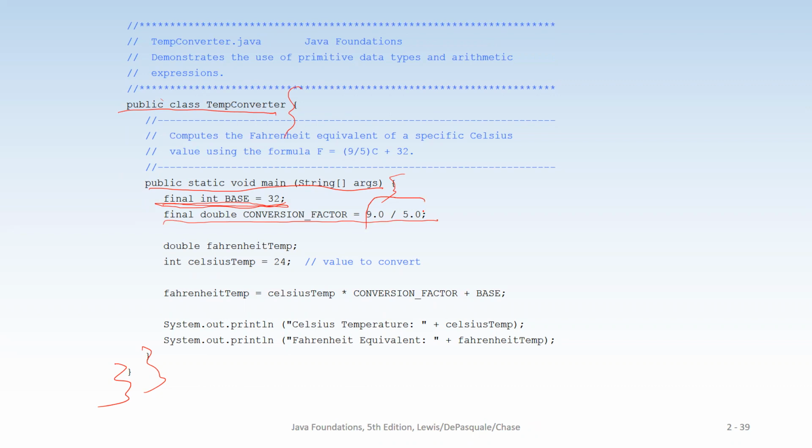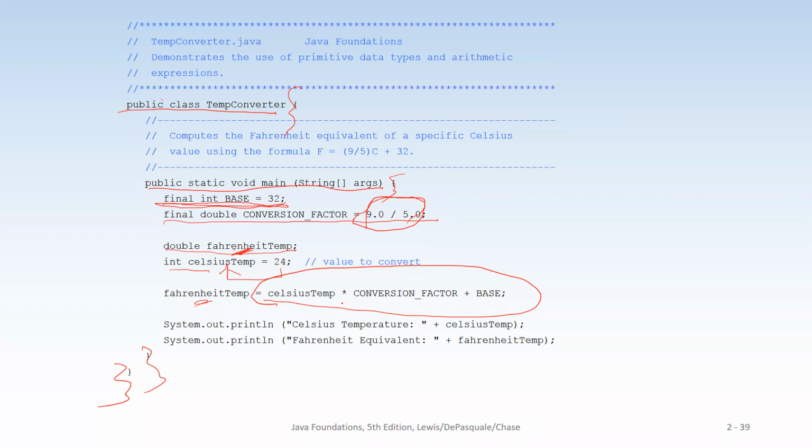This is an expression, both are double, so the result will be a double, 9.0 divided by 5.0. Declare a variable double and an int with initialization 24. Fahrenheit, which is a double, equals, so we evaluate this first. What do we do first?